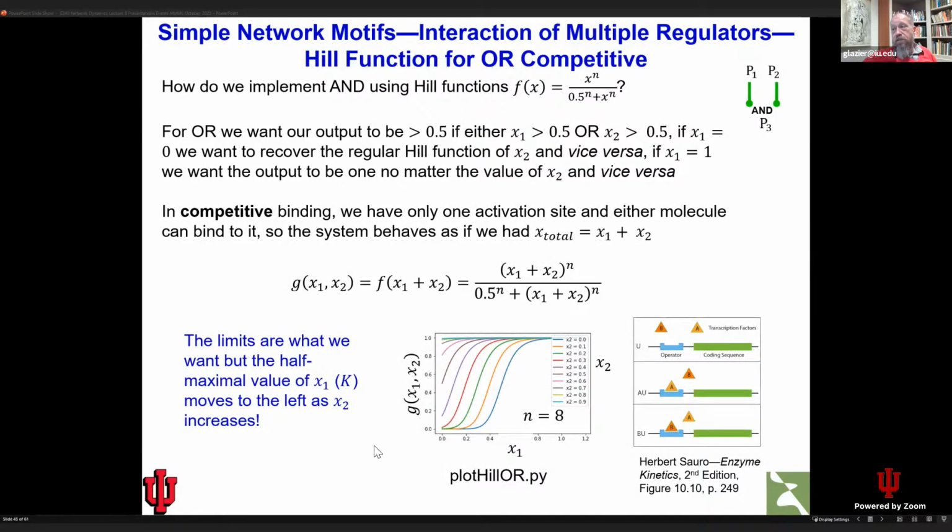Let's do the competitive case first. Here I have a single target, and I want to know what's the probability that either A or B is bound to the target.